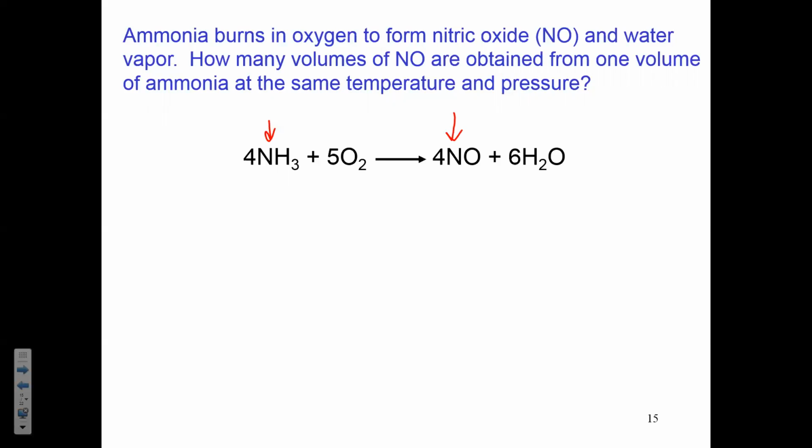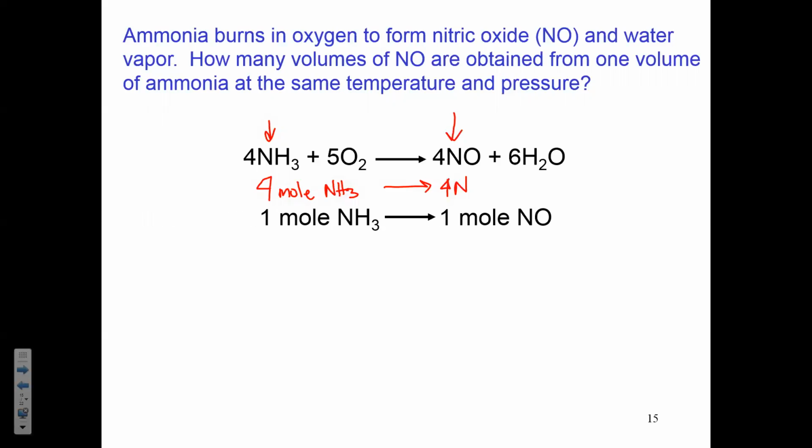Okay, so if I just look at these, I have 1 mole of NH3 and 1 mole of NO, right? Or I could say, in more complex terms, there's actually 4 moles of NH3 and 4 moles of NO, right?